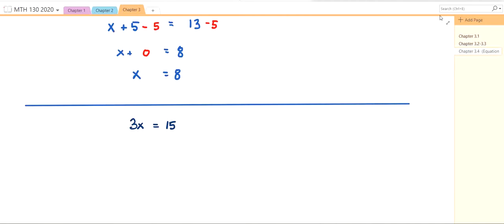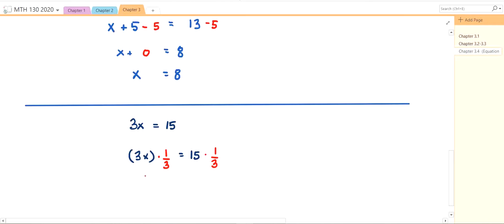Okay, let's try another one. Suppose we have 3x equals 15. If I want to isolate x on the left side, what I could do is get rid of that 3, and one way to get rid of that 3 is to divide by 3. So I'm going to multiply by 1/3, which will result in division by 3.